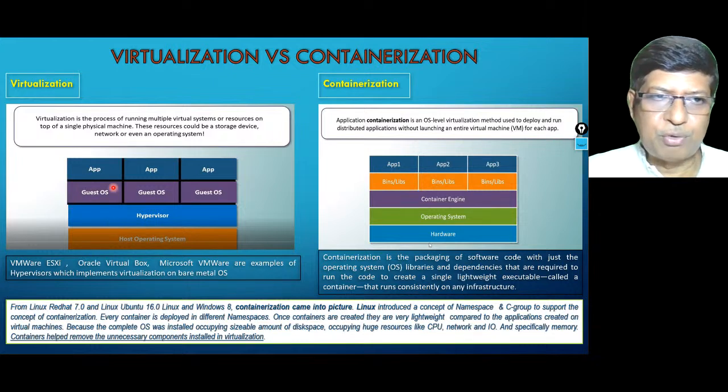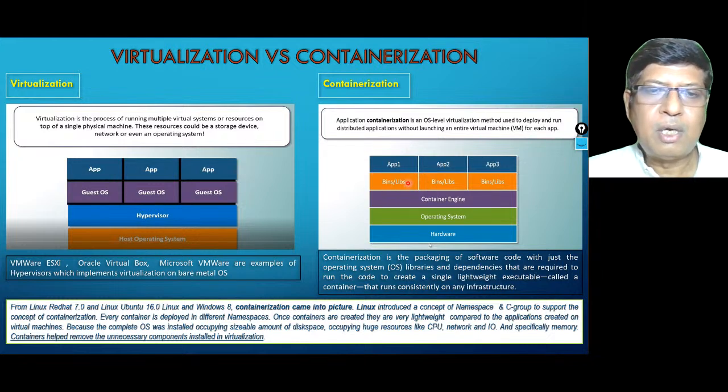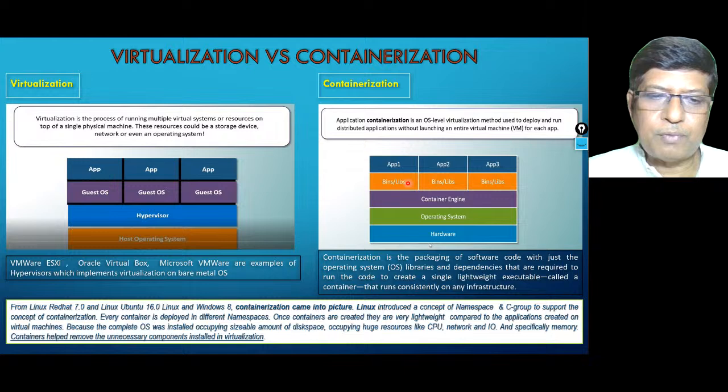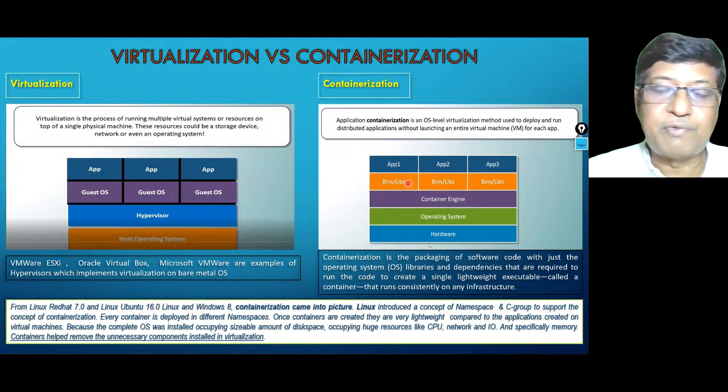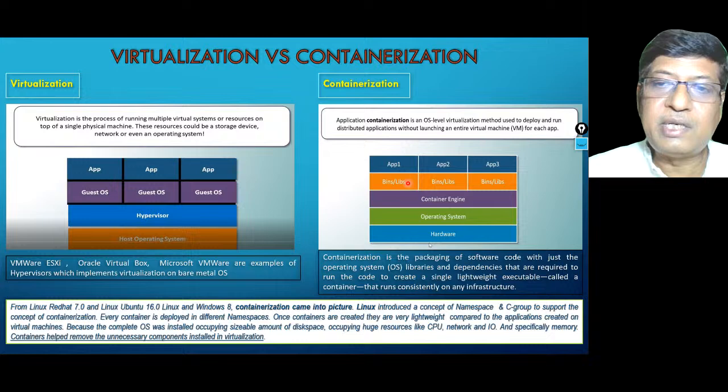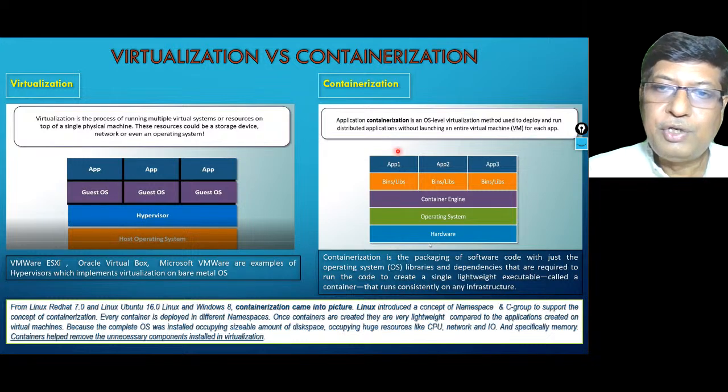So if this was 2 GB, this will be around 30 MB. So was that not almost 6 times? Not only 6 times, it will be 60 times you have reduced the size of the application.